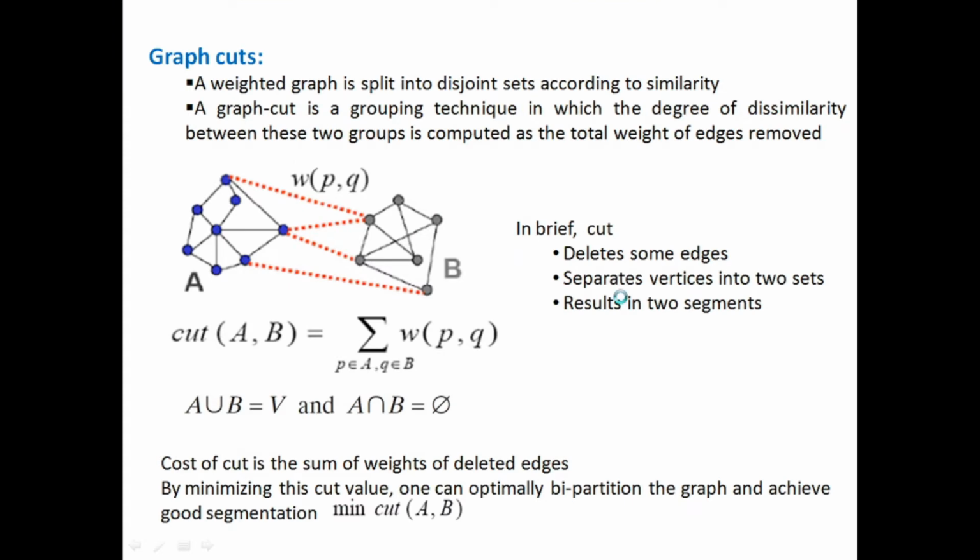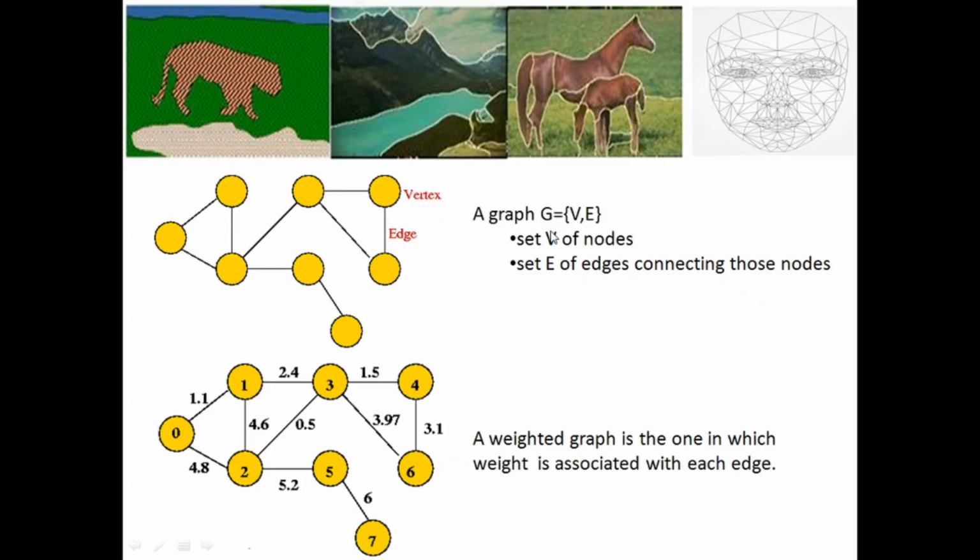As you know, a graph is denoted with G. G is a mathematical structure represented as a set of V and E, where V is the set of nodes, and E is the set of edges that connect those V nodes.